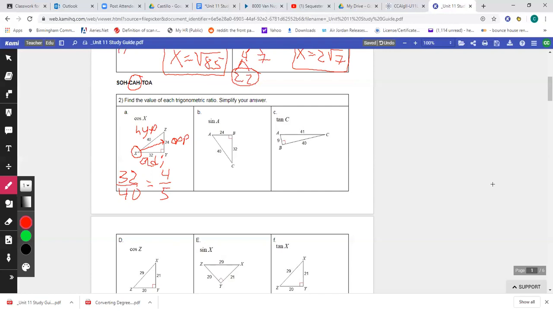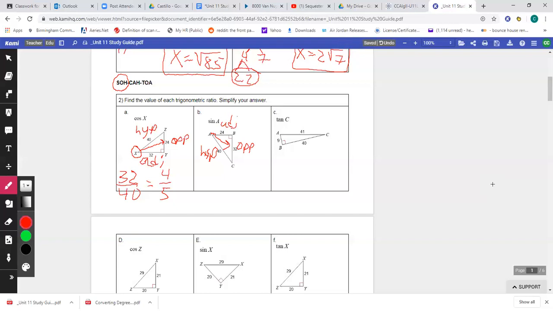Okay, so for letter B, sine A is, so now for sine, we're doing opposite over hypotenuse. So once again, if you have a triangle, you have a hypotenuse, its opposite, and this is adjacent.